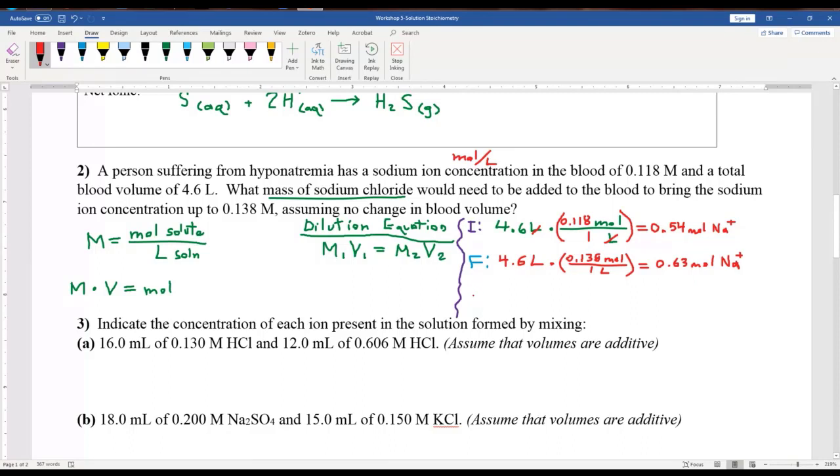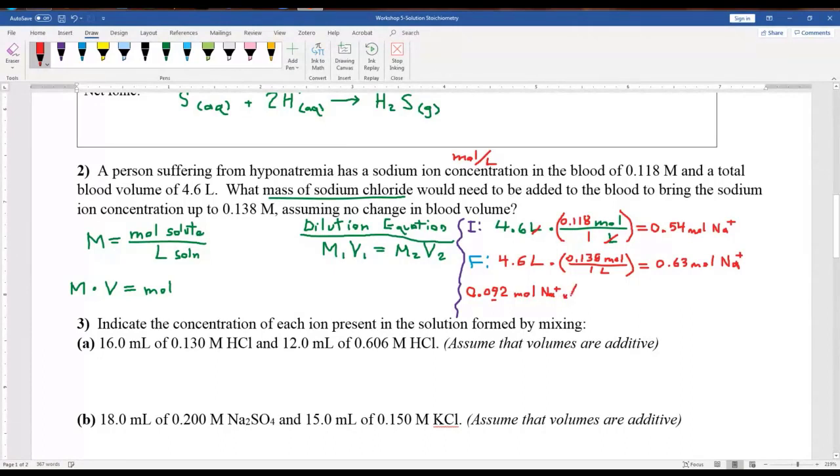About 0.0920 moles. Yeah. So we tend to round at the very end. I know we only have one significant figure here, but yeah, 0.0920 moles or something. This is moles of sodium ion, Na plus.